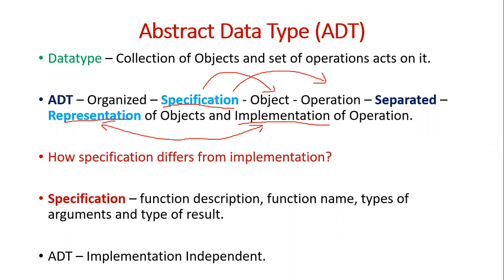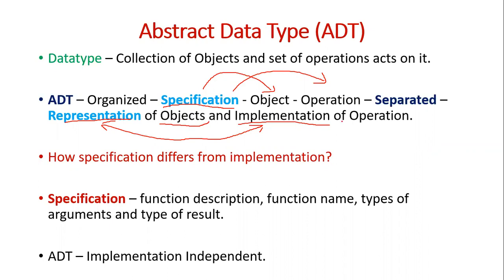Representation of the object and implementation of the operation means how this object is represented using a particular tool, that is, a programming language. Using a particular programming language, how it is represented internally in memory, and how these operations are implemented.